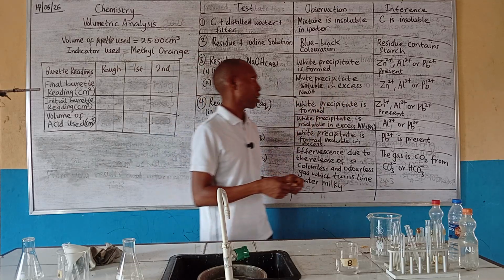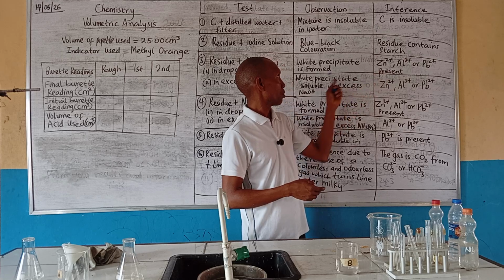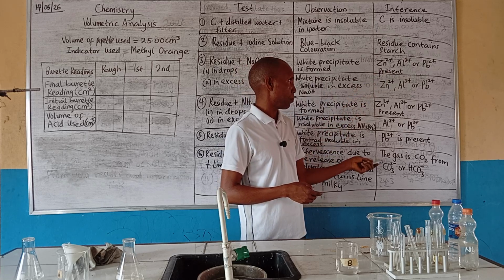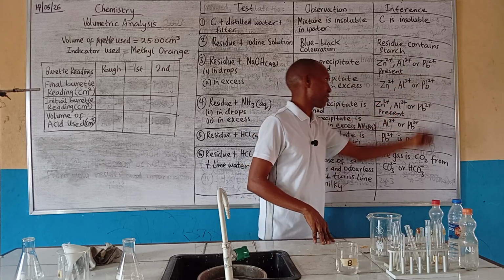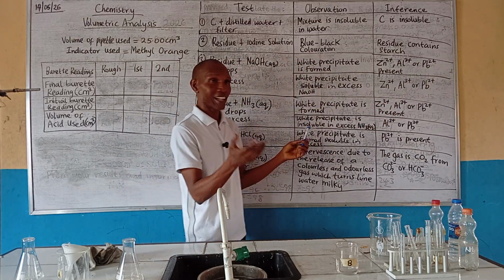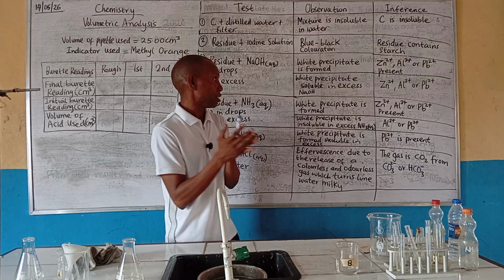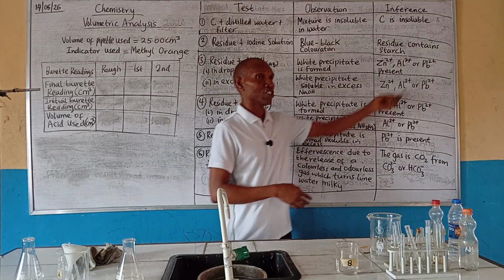When that happens, your inference will be the same as when it's in drops. You have zinc, aluminium, or lead 2 ion present, because you can't categorically say that since the precipitate dissolves, then lead is present.